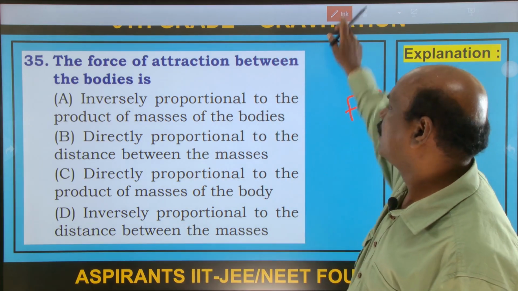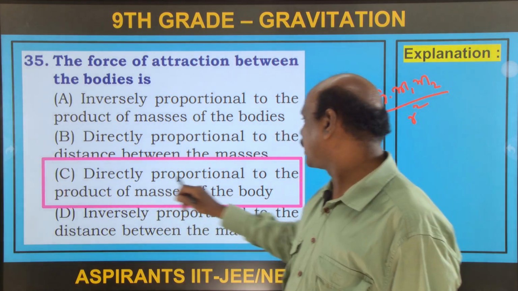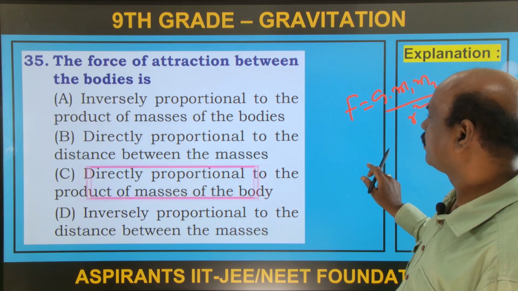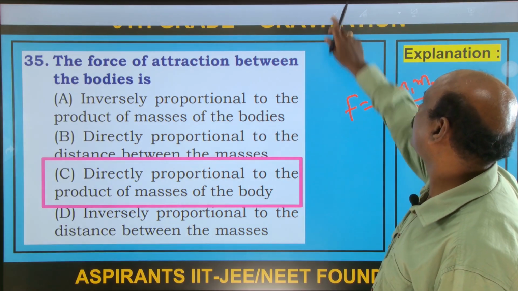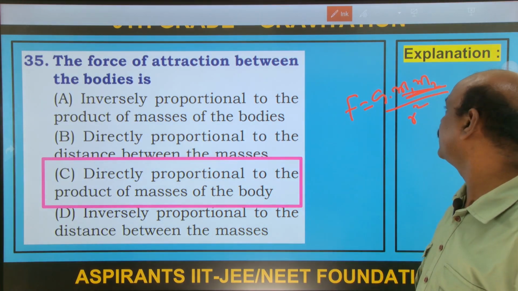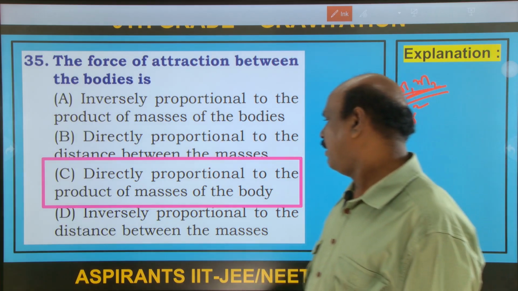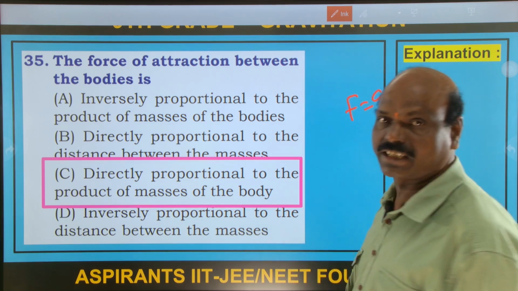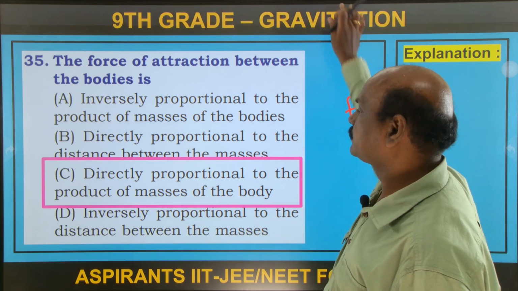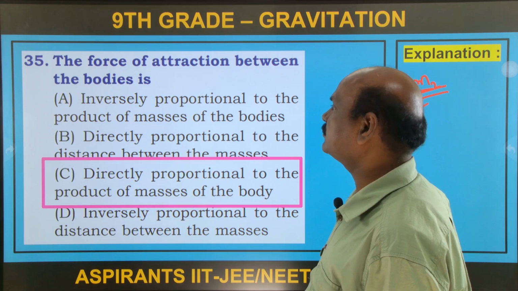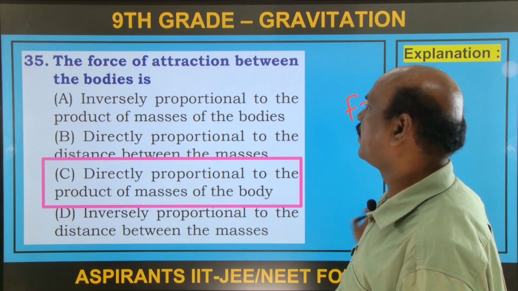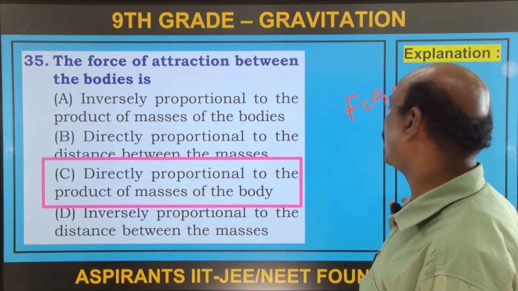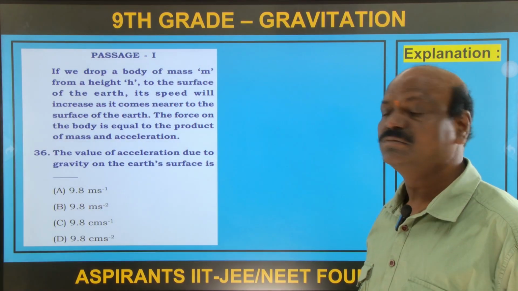First one, directly proportional to the product of their masses, that is M1 into M2. Next, inversely proportional to distance between their masses is wrong. Is it clear? And inversely proportional to square of the radius. So here with radius there is no, so only option C is taken into consideration.